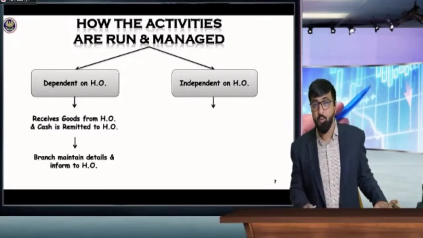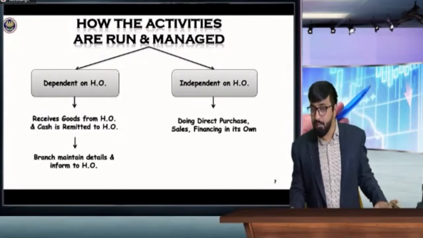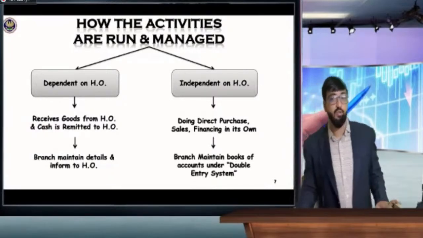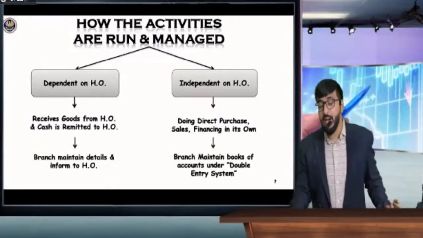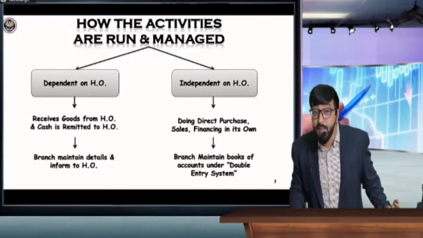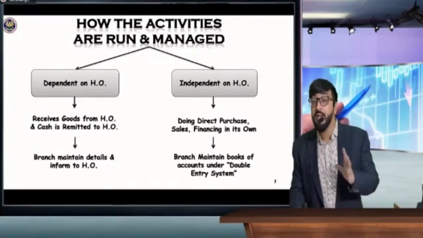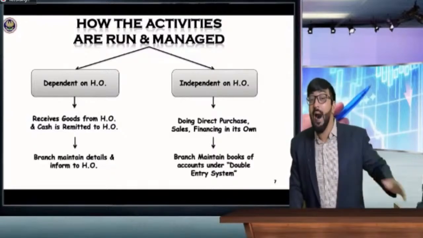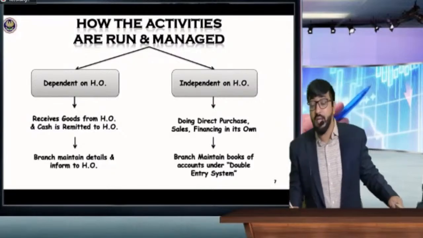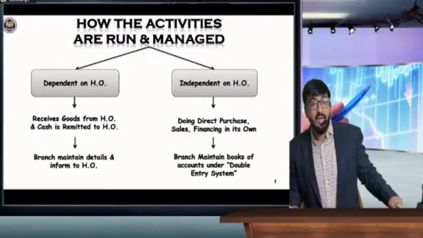But what about the independent branch? It does direct purchase, sales, and finance of its own, and the branch maintains books of accounts under the double entry system. So beta, the independent branch will maintain books of accounts, while in case of a dependent branch, it informs head office, and head office maintains books of accounts. So there is a difference between branch accounting in case of dependent and independent. Write it down.